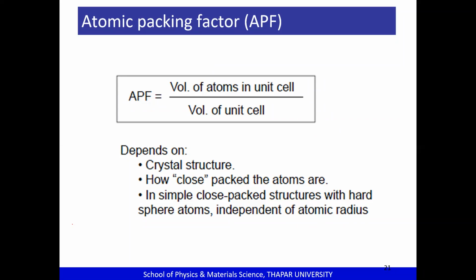Why? Because it is independent of the radius of the atom which is making that particular unit cell. So the interesting thing is that APF only depends on crystal structure and is independent of the actual material making that unit cell. Whether it's copper or iron doesn't matter.